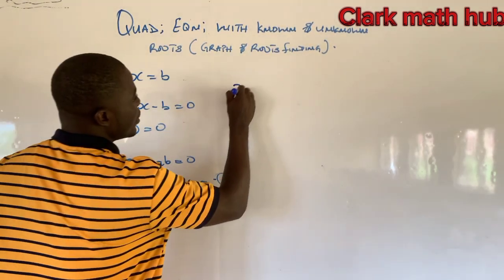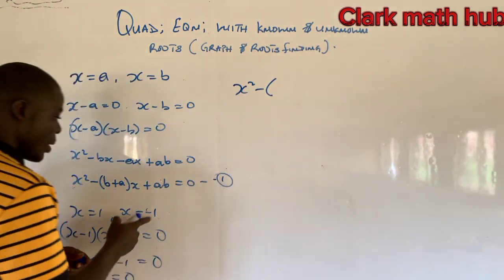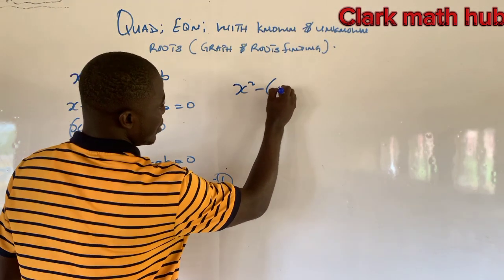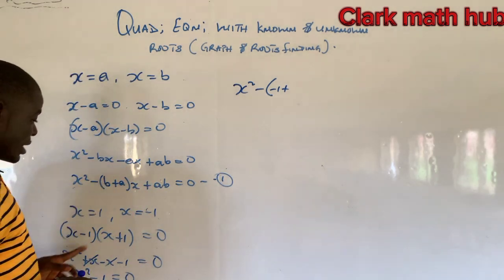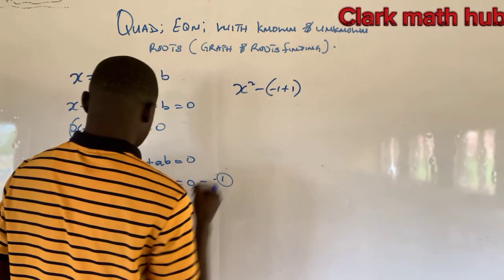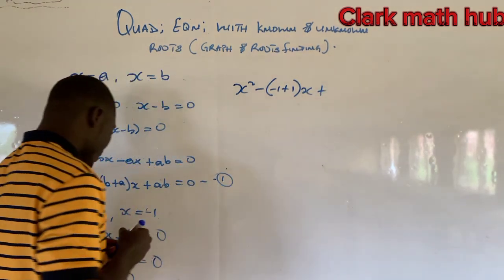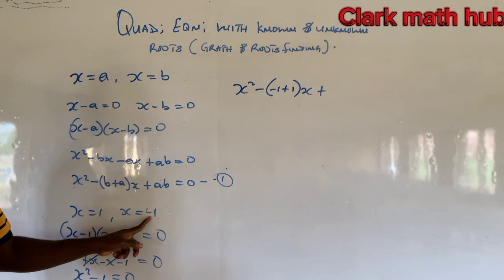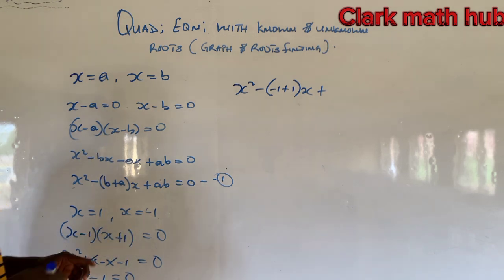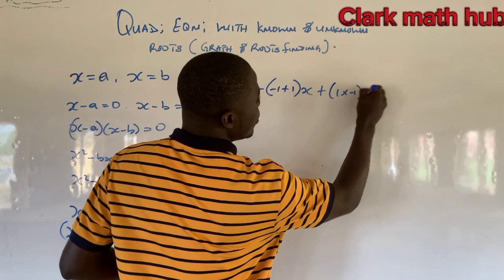We have x squared minus (A plus B) x plus A times B, that is 1 times minus 1, equal to 0.